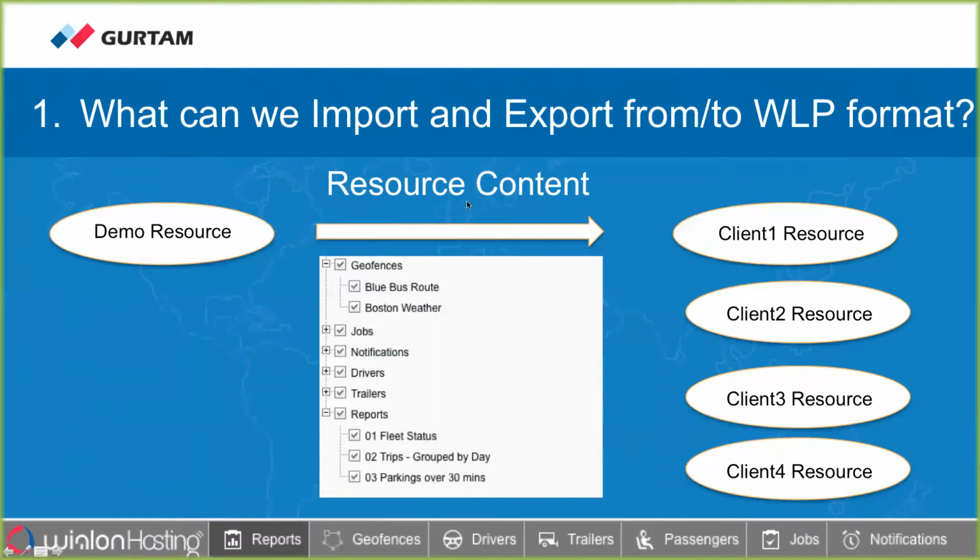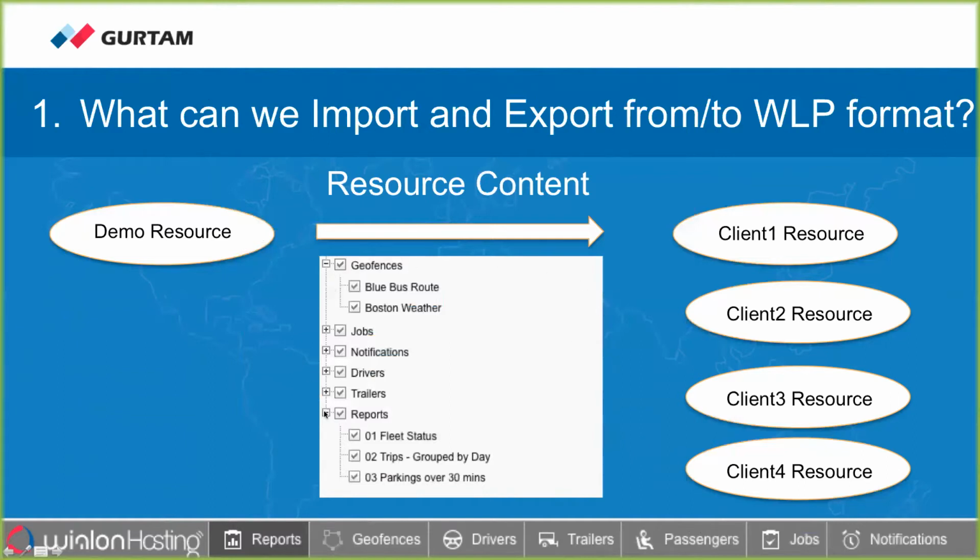Resource content is geofences, jobs, notifications, drivers, trailers, sorry, reports, and I don't want to miss anything. So at the bottom of my screen, you see again all the items that belong to the resource: reports, geofences, drivers, trailers, passengers, jobs, and notifications.